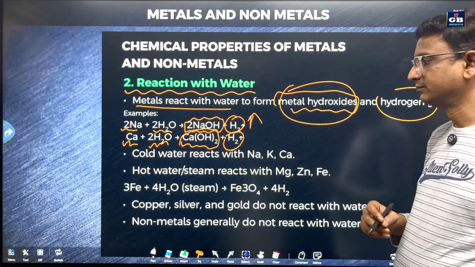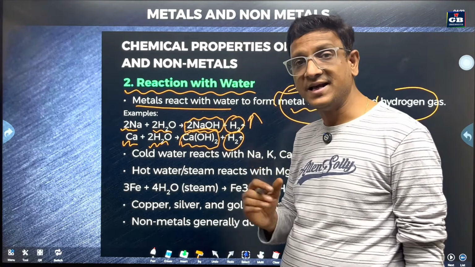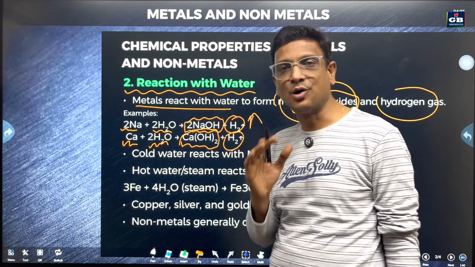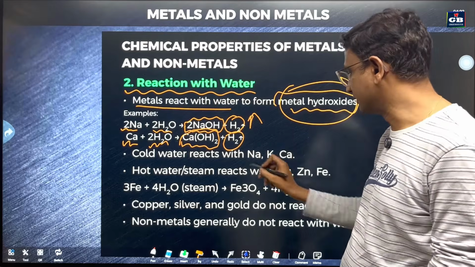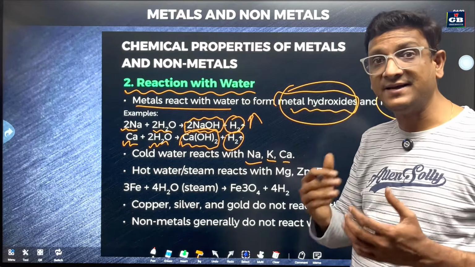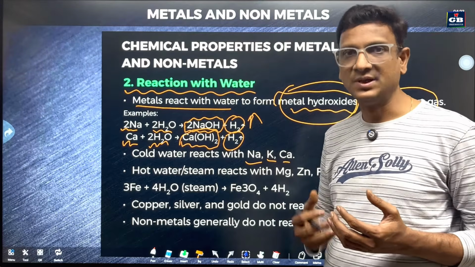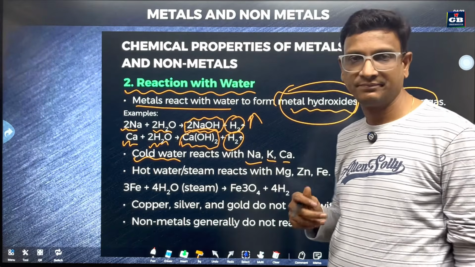Okay. So some metals react even with cold water, but some metals react with hot water. So which metals are reacting with cold water? Sodium, potassium, calcium, they have high reactivity. They are highly reactive. They react even with cold water.